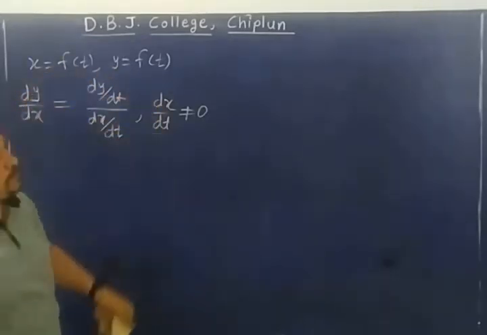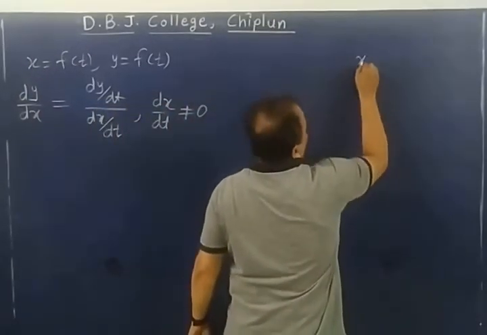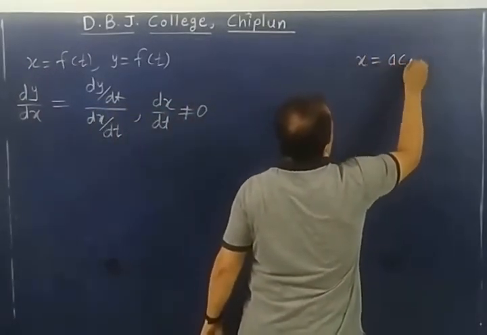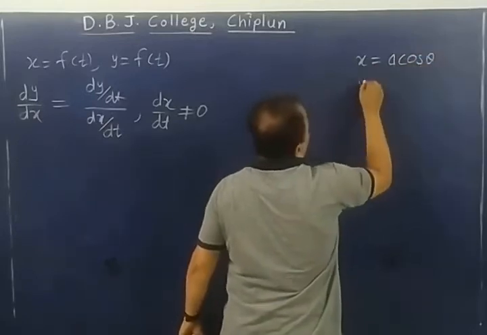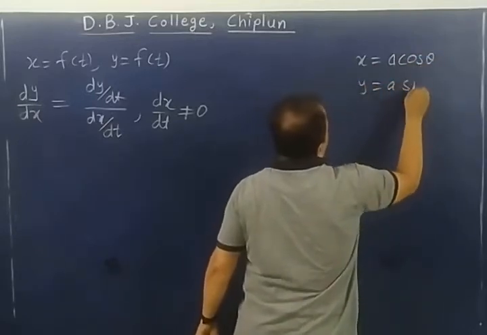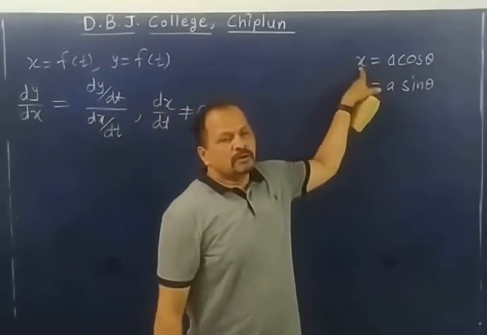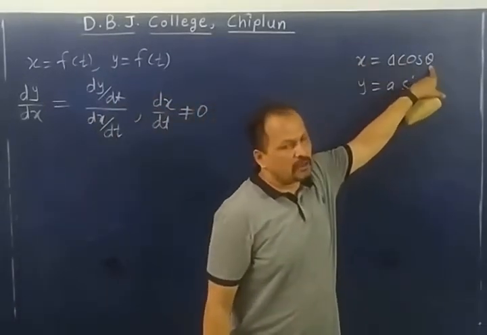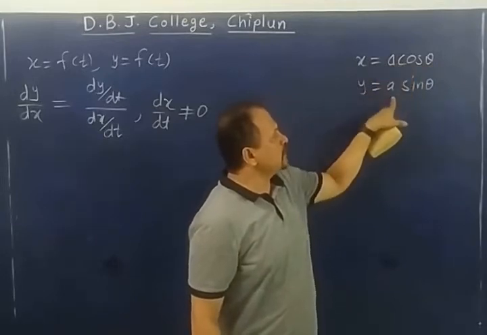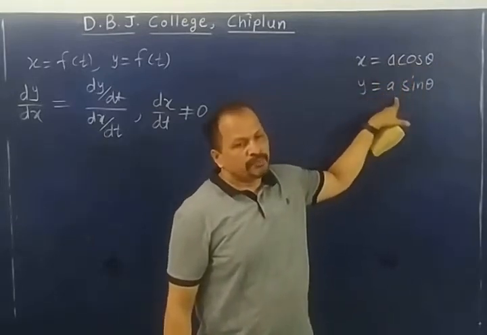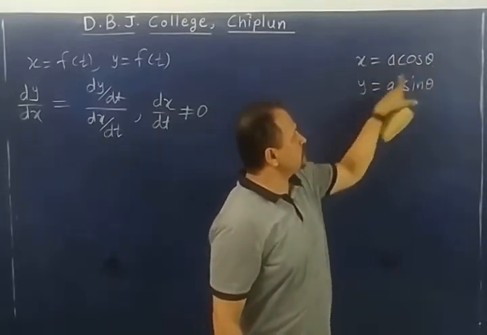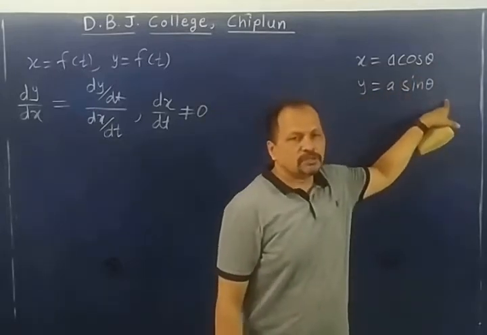In the example that we have seen just now, x is equal to a cos theta and y is equal to a sin theta. Here a is considered a constant. x is a differentiable function of theta, y is also a differentiable function of theta.